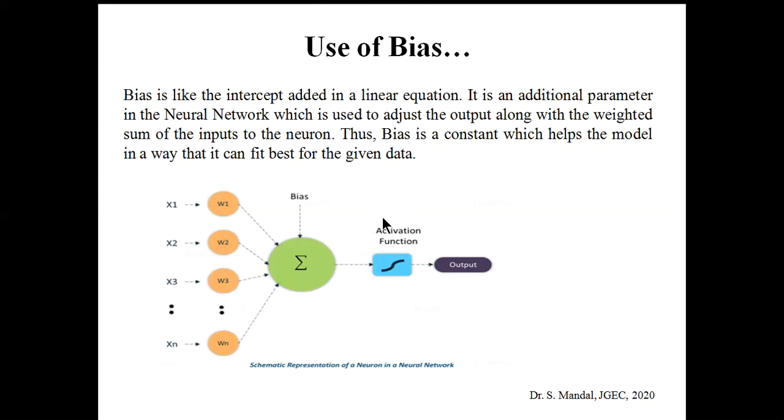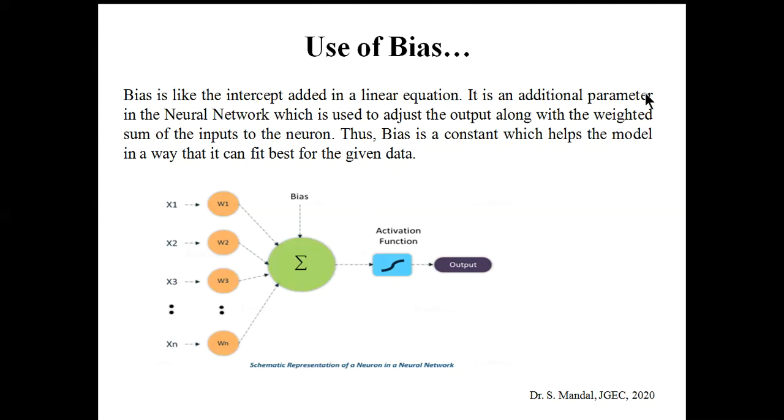So right now we can say that bias is an extra additional constant term included in the accumulator section. It is not an input from the environment, but a default input of the system. Similar to w1, w2, w3, wn, the bias value also has to be adjusted.